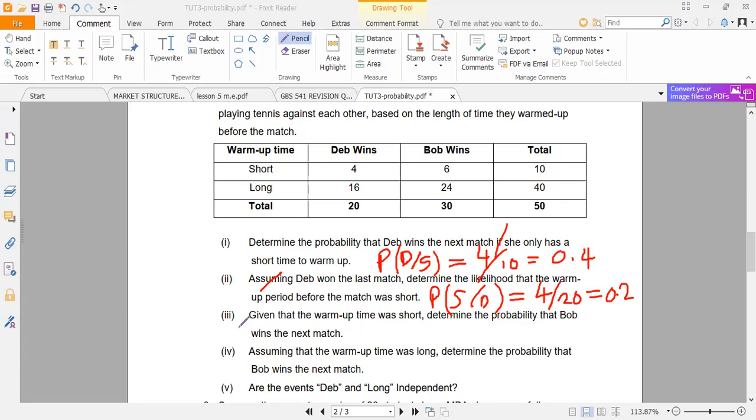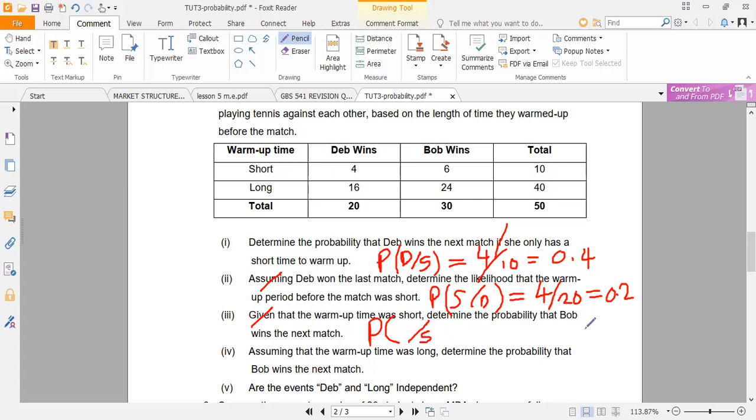Number 3. Given that warm-up was short, determine the probability that Bob wins the next match. What are we going to write here? Probability where given is, put slash. Given is short. What do you put on top?